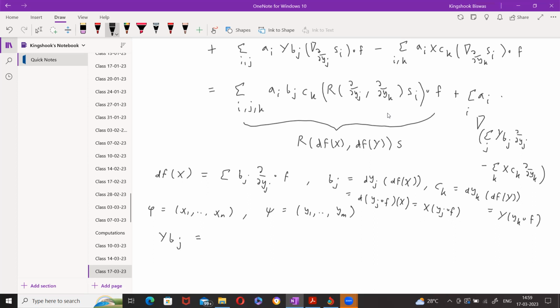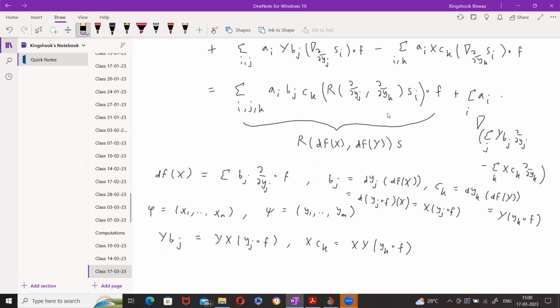So what is y bj? This will be y x of yj composed with f, and x ck will be x y of yk composed with f, right? And that's it. I make this a sum over j, with jk dummy indices.